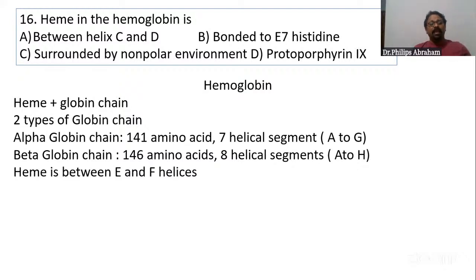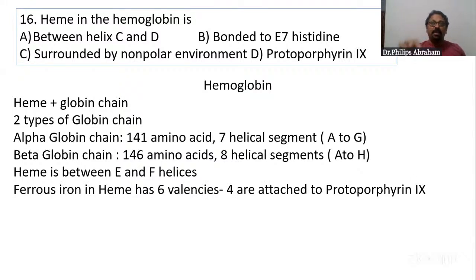And understand that heme is present between the E and F helices. In the heme, at the center, you have an iron atom attached to the protoporphyrin ring. Iron Fe2+ has six valencies. Four are attached to porphyrin. The fifth will be attached to a histidine near to it, called the proximal histidine at F8. That's common.